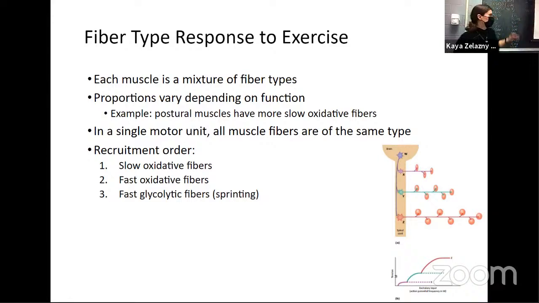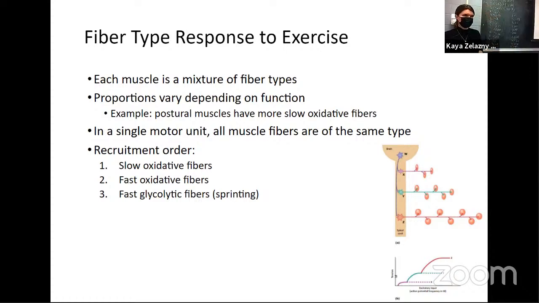That is part of why we have different forces corresponding to different size motor units. It has to do with the number of muscle fibers, but also with the fact that they are physically different types of fibers.